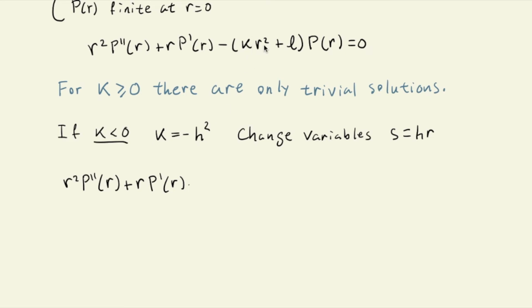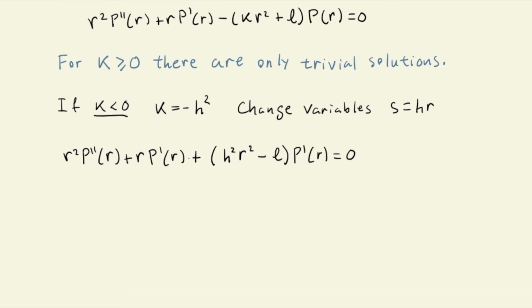So minus negative h squared r squared is going to look like plus h squared r squared minus l p prime of r. So it looks like this now that we evaluated what k looks like.